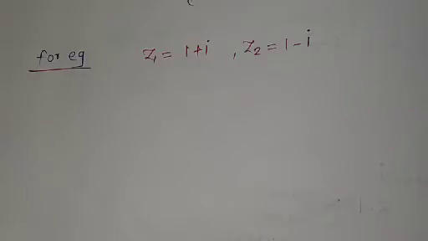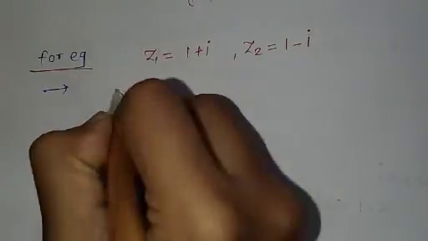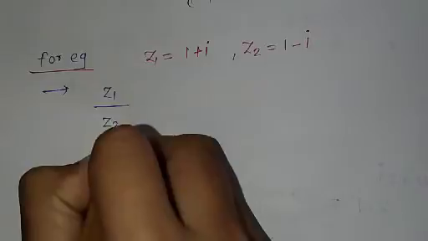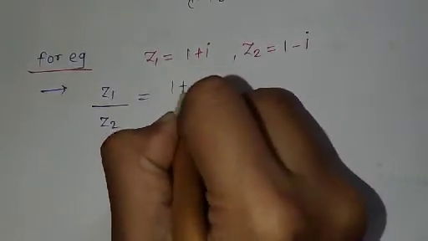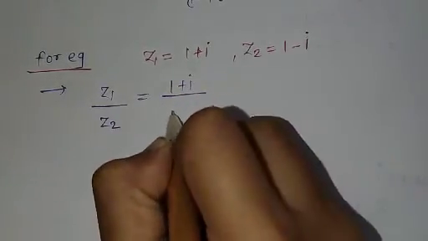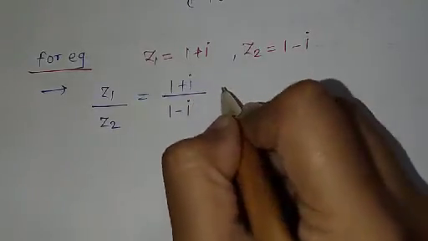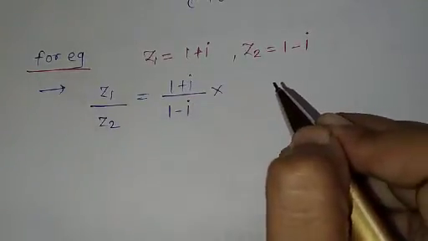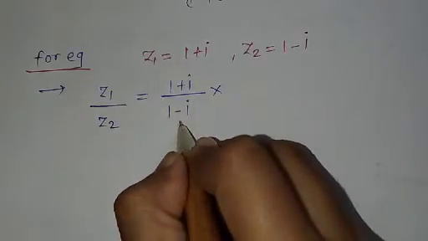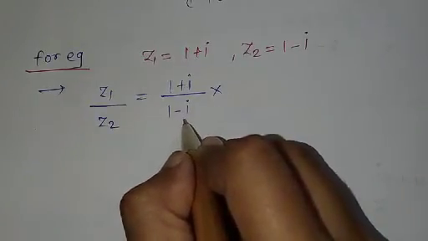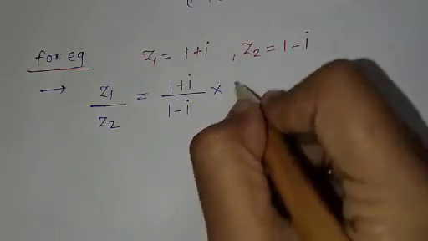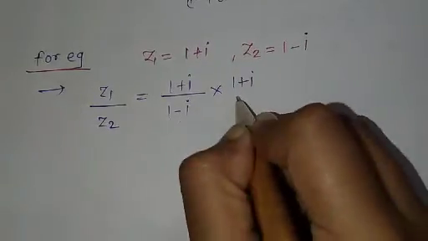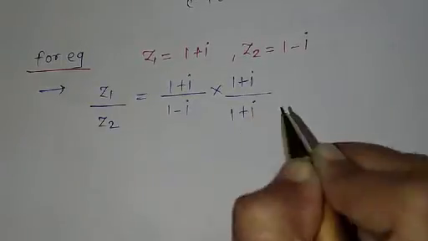Here we have z1 is equal to 1 plus i and z2 is equal to 1 minus i. We have to divide these two complex numbers as z1 upon z2 is equal to 1 plus i upon 1 minus i. So here we multiply and divide by the conjugate of z2, that is 1 minus i. The conjugate of 1 minus i is nothing but 1 plus i upon 1 plus i.